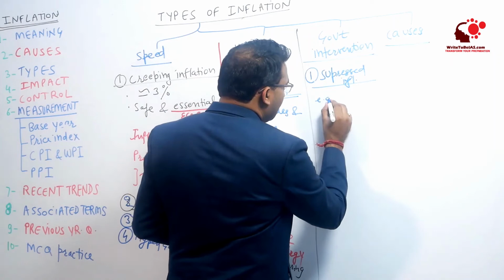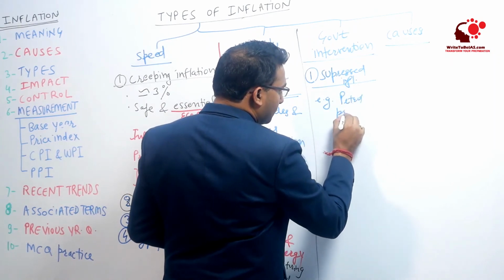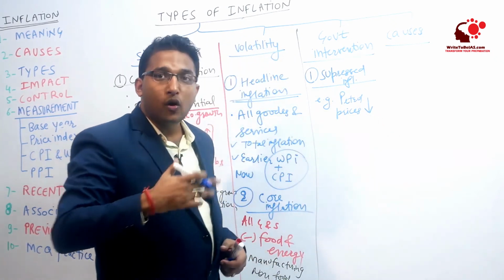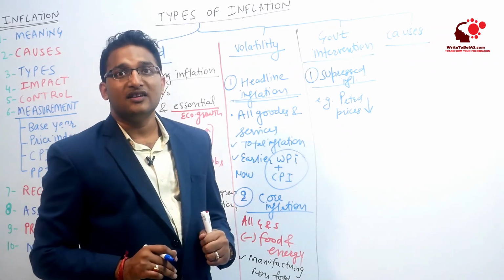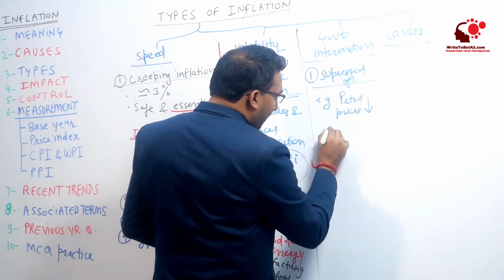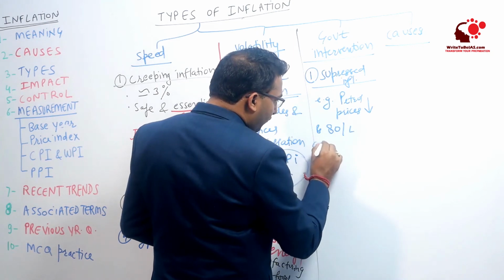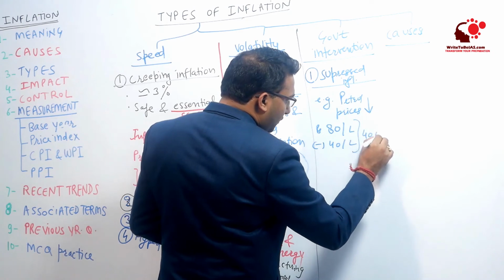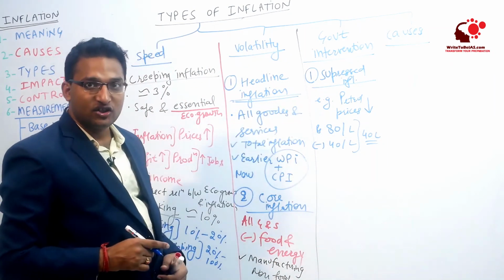So for example, if the government reduces the petrol prices by giving more and more subsidy so that the prices can remain low, then this will be the kind of government intervention, right? So for example, if the price of petrol comes to rupees 80 per liter, but the government is giving 40 rupees subsidy per liter so that the prices remain in control and the ultimate price is rupees 40, then this is called suppressed inflation.